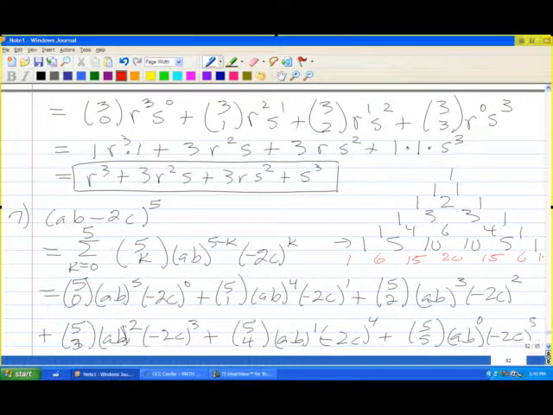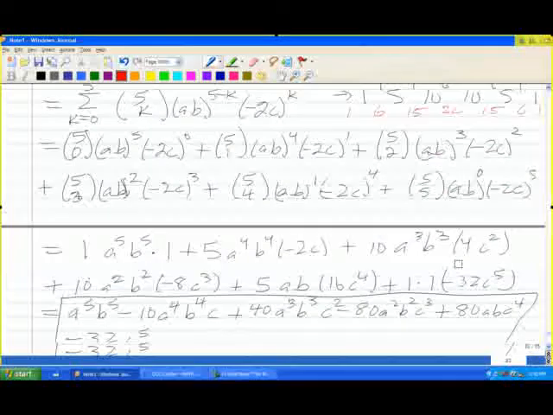And so the 6 divided by 2, oh, I see, that's a 20. It's 0, 1, 2, 3. So 6 divided by 2 is 3. So it would be when k is equal to 3.